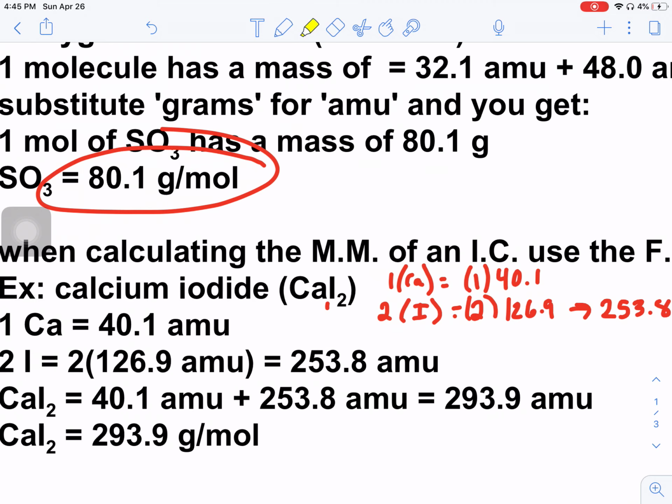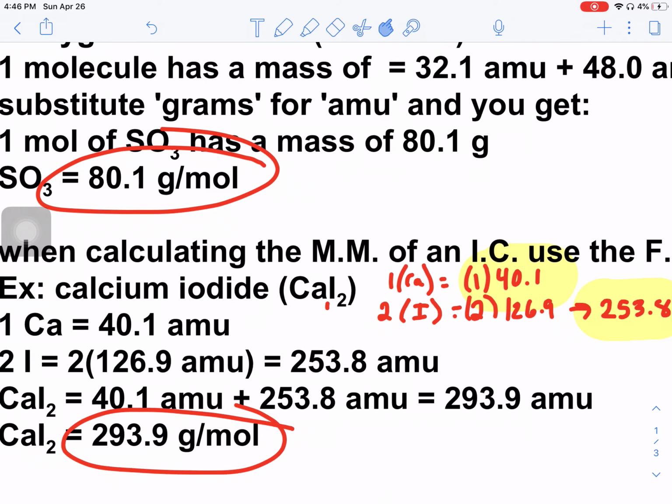Now you add together the 40.1 of the calcium plus the 2 times 126.9, or 253.8, and what you're left with is 293.9 grams per mole. So 1 mole of calcium iodide, an ionic compound, would weigh almost 294 grams. Of course, you're eventually going to use these numbers to convert grams of calcium iodide into moles, or maybe moles of sulfur trioxide into grams.